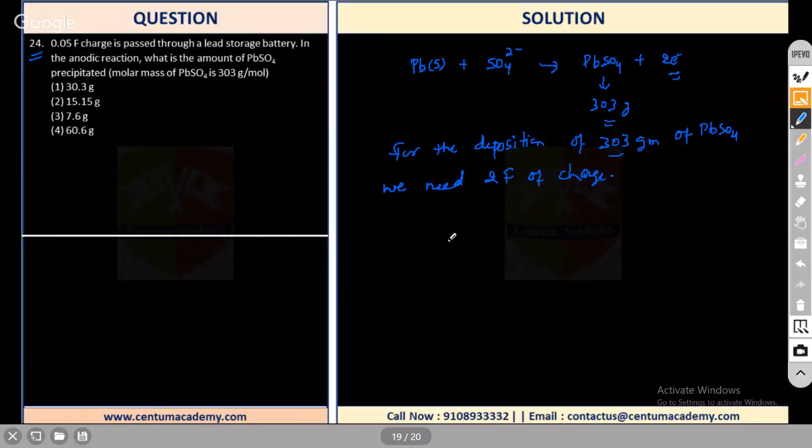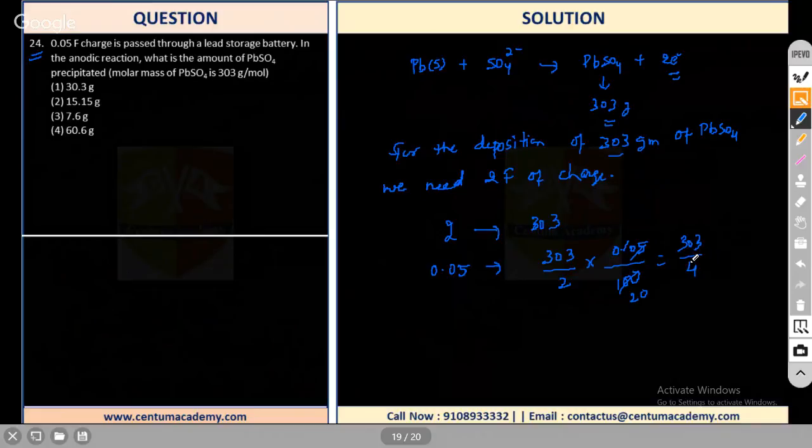Okay, so for 2 Faraday, the mass deposited is 303. So for 0.05, it will be 303 divided by 2 into 0.05. So when you solve this, you'll get 303 divided by 40, right?